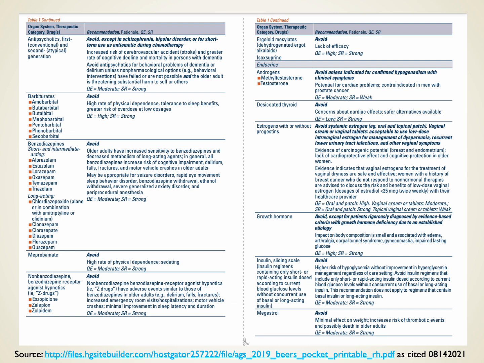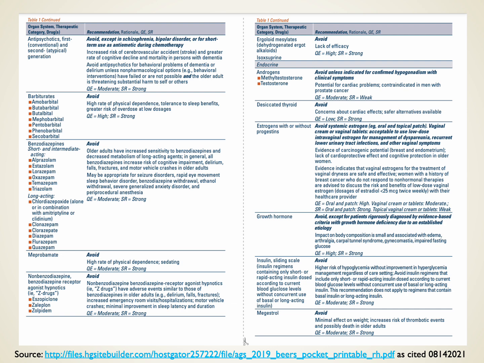Going farther down, just keep in mind insulin or any of the medicines that are used in diabetes that can cause hypoglycemia are considered narrow therapeutic index drugs. And so in type 2 diabetics and anyone, but particularly older patients, metformin is pretty well tolerated.